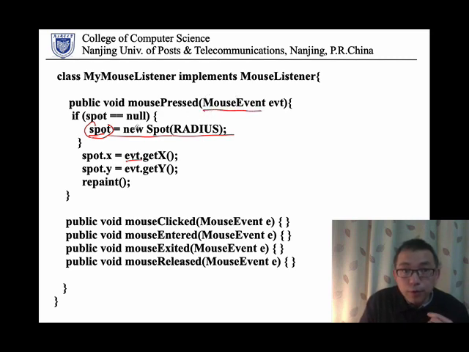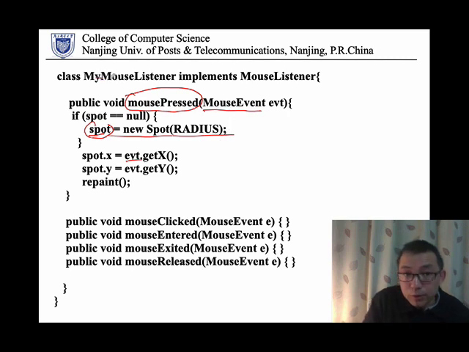In MyMouseListener, we want to get the position of the mouse, so we use the mousePressed method. The mousePressed method means that when we click, we press the mouse, and the mouse event object is passed into this method as the parameter.